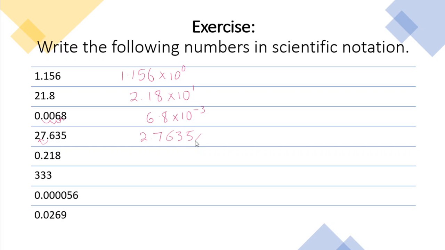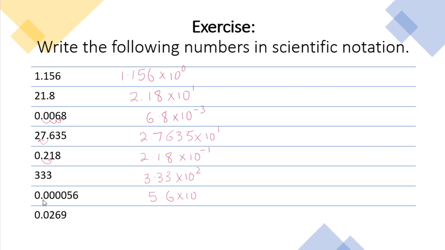So it will be 2.7635 times 10 to the power 1. And here it is from left to right, only one digit, 2.18 times 10 raised to the power minus 1. And here it will become 3.33 times 10 raised to the power 2. And this one will become 5.6 times 10 raised to the power minus 5.